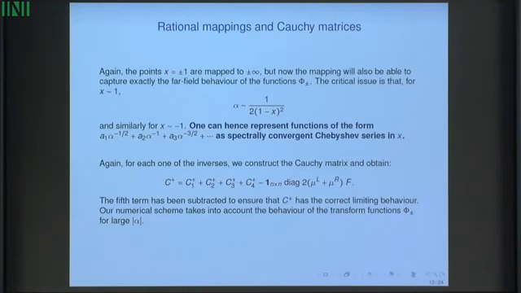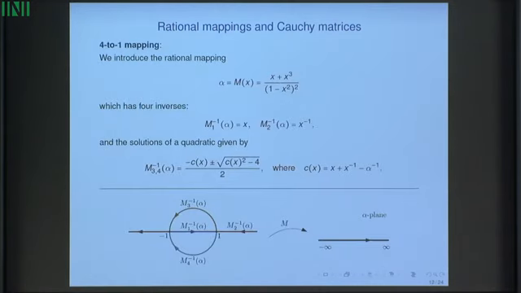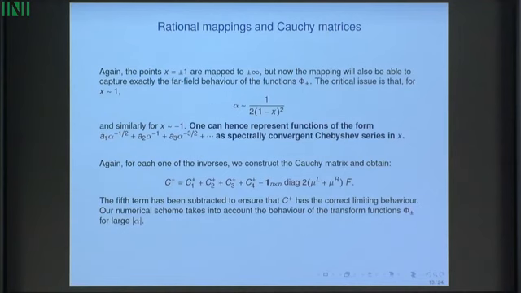Now, if we do a local analysis near, let's say, point 1, I get this behavior here, which means that if I take a minus square root of that, then we see that if we use this mapping, we expect to have a spectrally convergent Chebyshev series.